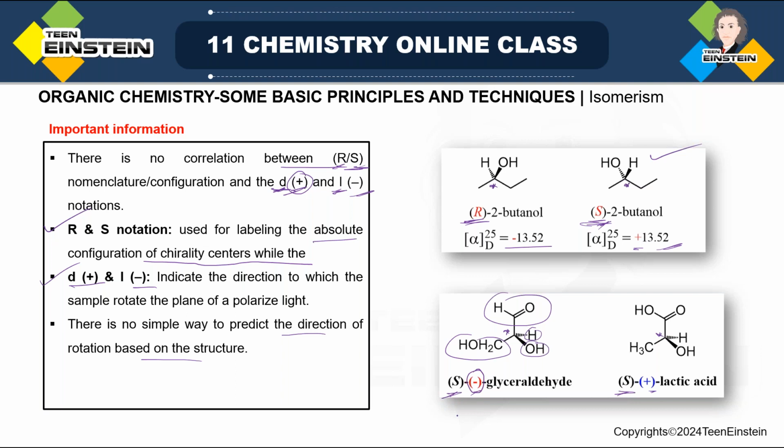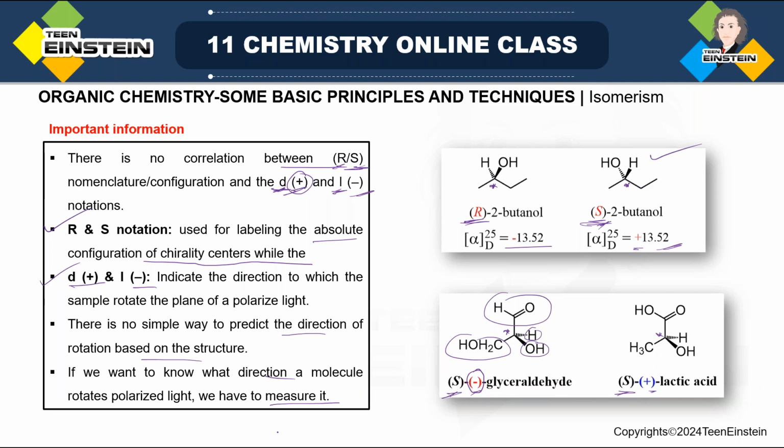If you want to know whether it is negative or positive for any particular chiral molecule, you have only one option: you just have to measure it with a polarimeter. There is no direct method.